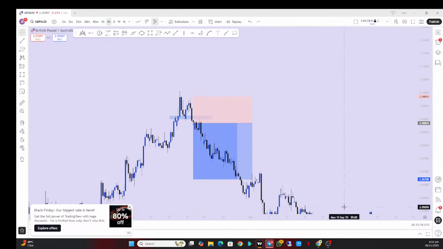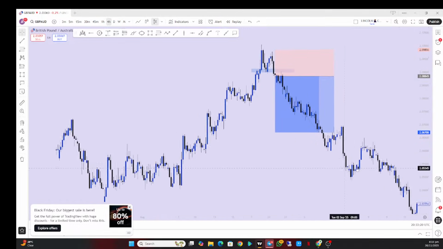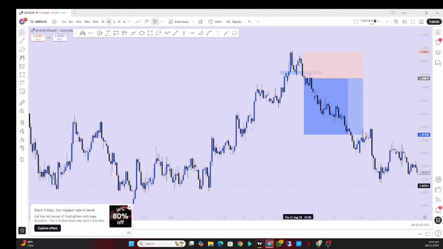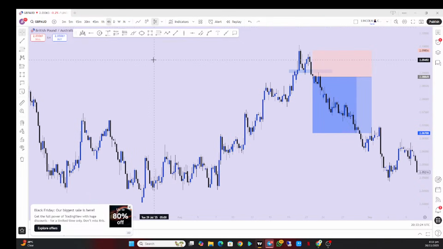That is it. Let's try and get a couple of examples. Good. We have one more here. You see, price gave this W pattern here. So price came down here. Price broke the neckline.